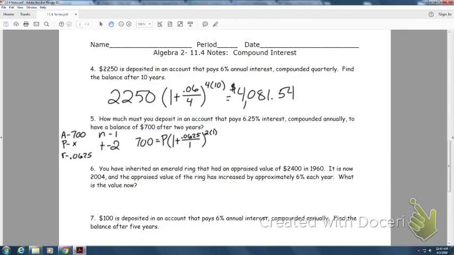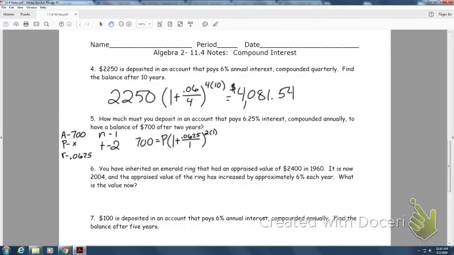You have to start by getting rid of the exponent. Not necessarily. Morgan? You have to divide 700. Divide 700 by what? By 1 plus 0.0625.